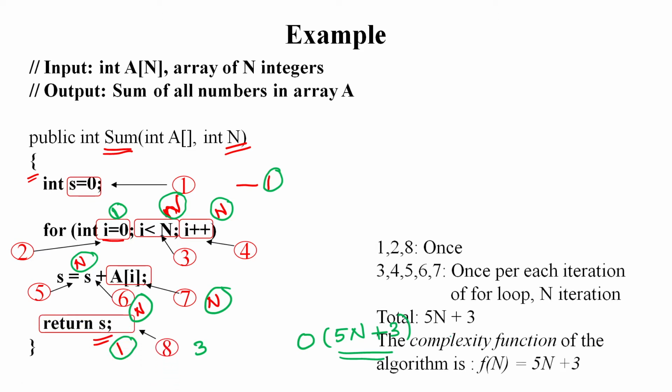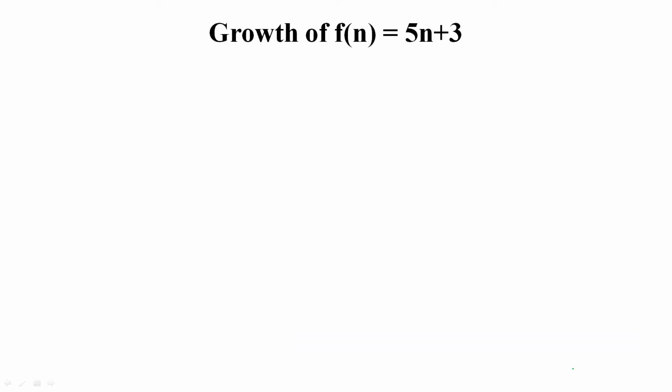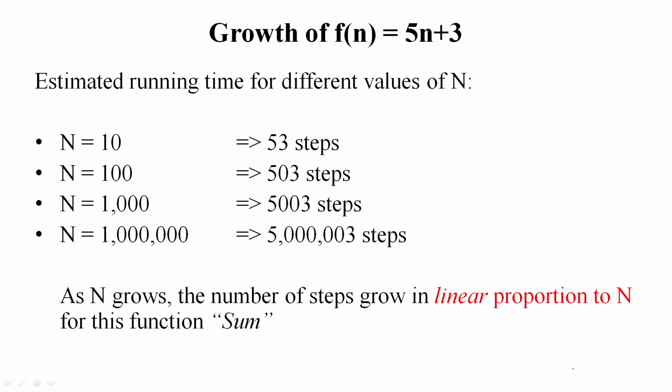So the order of growth is 5n plus 3. The time complexity is 5n plus 3. Here when we are increasing the n value, our f of n is 5n plus 3.